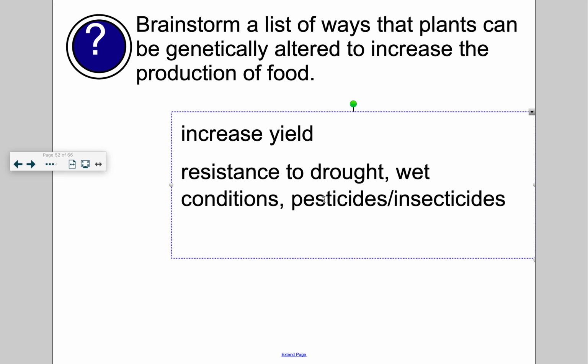I think that's pesticides, actually. Yeah, weed resistance. So those are just a few of the ways to increase production of food.